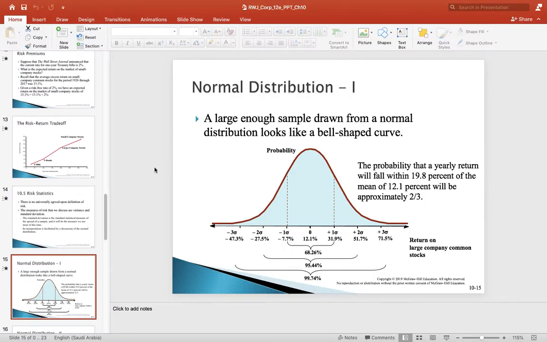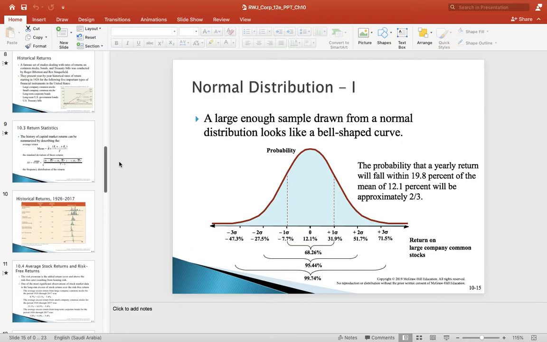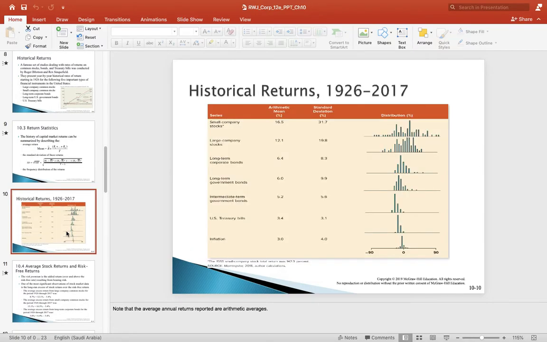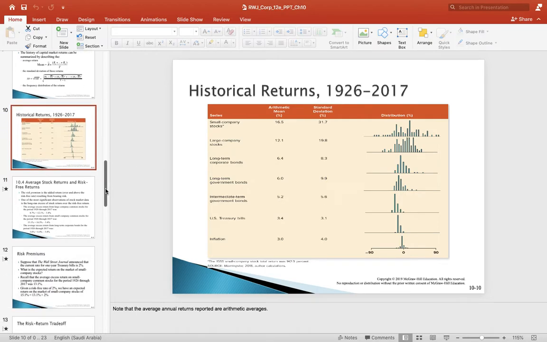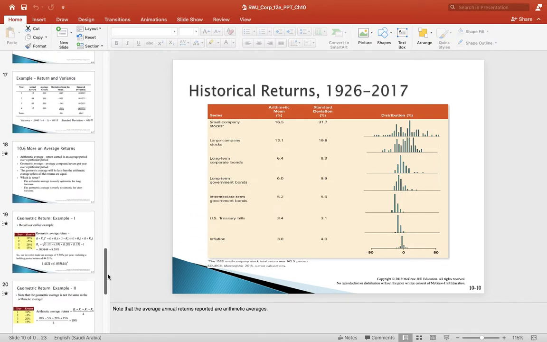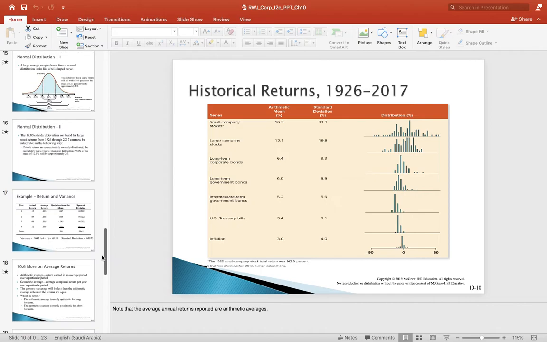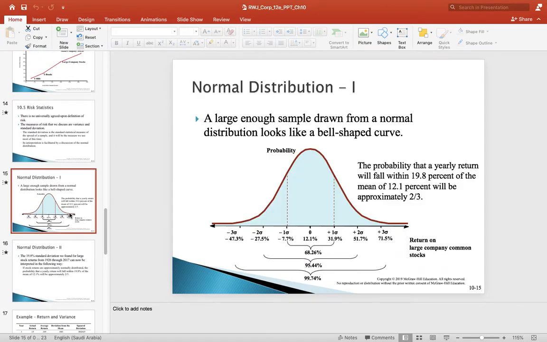Go to the large cap return distribution, slide number 10. It says 12.1 is the return, 19.8 is the standard deviation. Remember this, 12.1 is the return and 19.8 is the standard deviation.